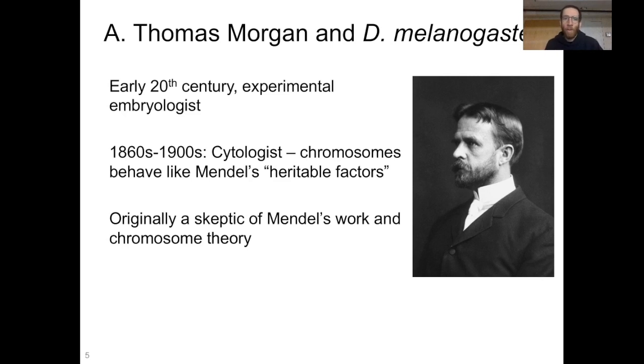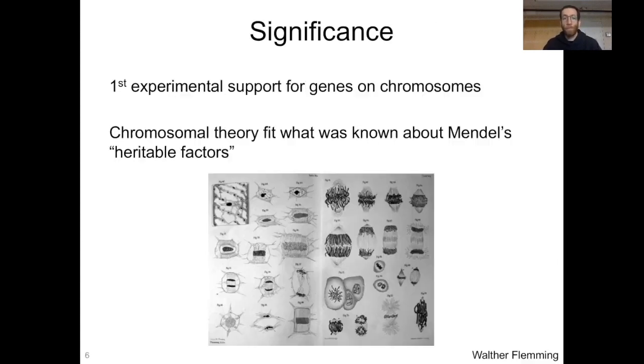Basically what was going on is that from the 1860s into the 1900s, cytologists, cell biologists, so cyto, you should always think cell when you see cyto, that just means cell. So cell biologists were looking at chromosomes and seeing that they behaved the way that Mendel's heritable factors behaved. Now, Morgan was originally a skeptic of Mendel's work and of chromosome theory, the idea that chromosomes would be involved in inheritance.